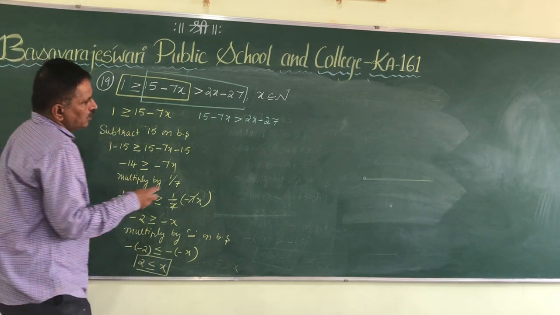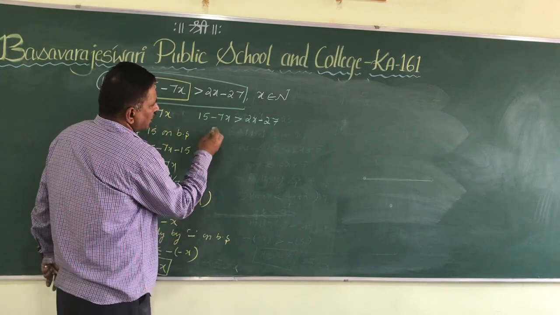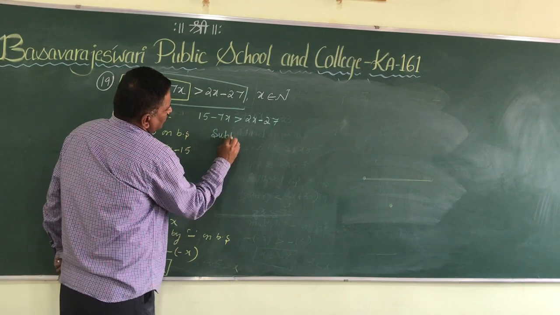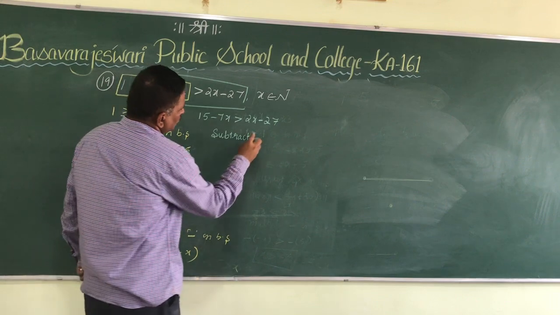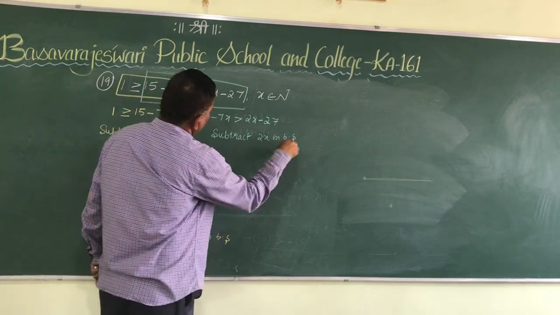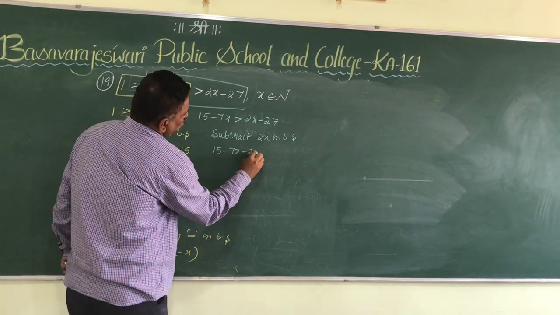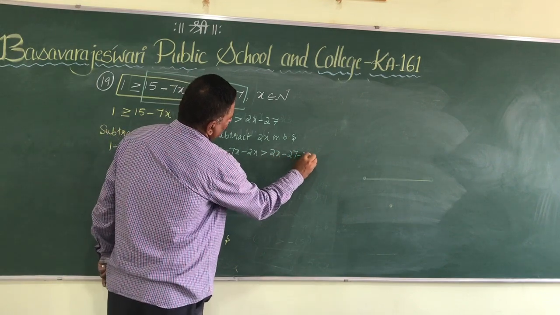Next, you have to write the variable on one side and the constant on the other side. So what I can do is subtract 2x on both sides. 15 minus 7x minus 2x is greater than 2x minus 27 minus 2x.